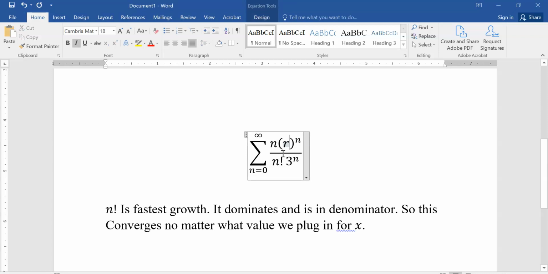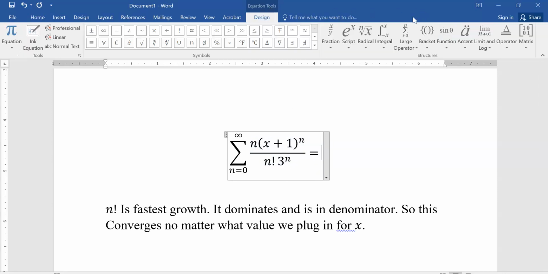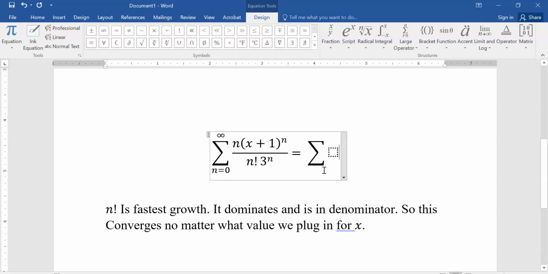Now, if you wanted to, you can rewrite this whole thing. I'm not going to do a whole lot of rewriting here. But just in terms of rewriting this particular summation, again, think of it as going from 0 to infinity. I'm going to leave that off.